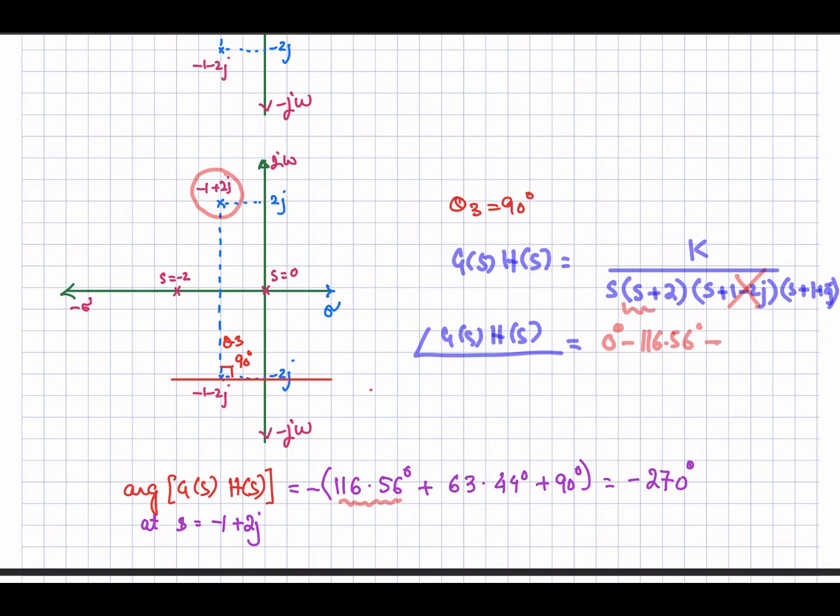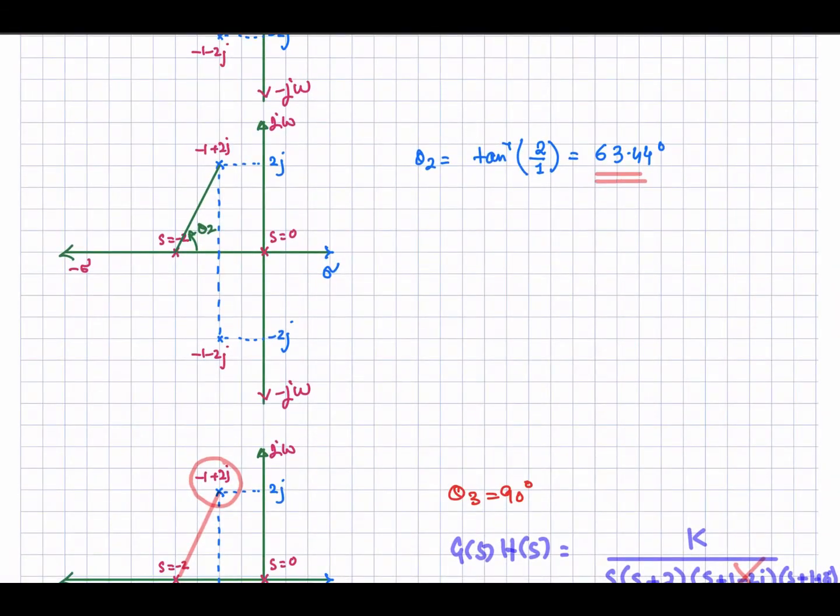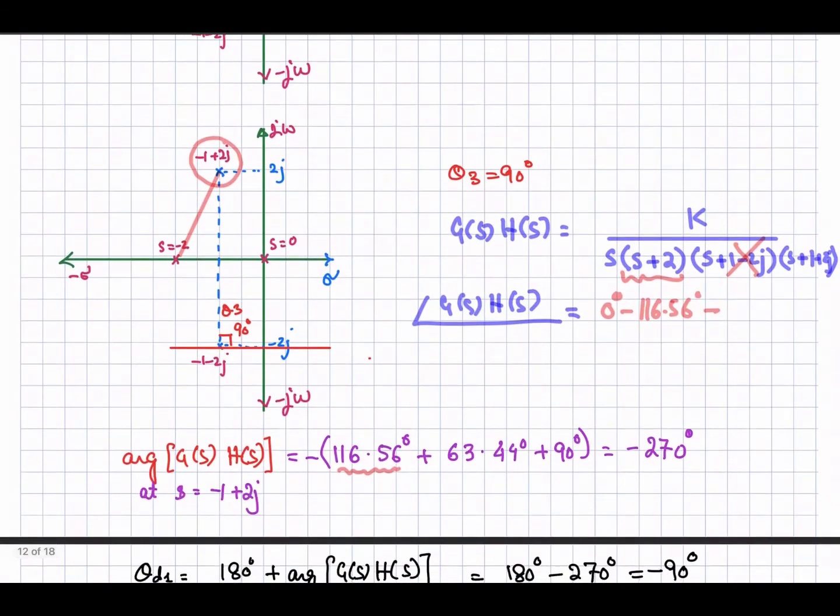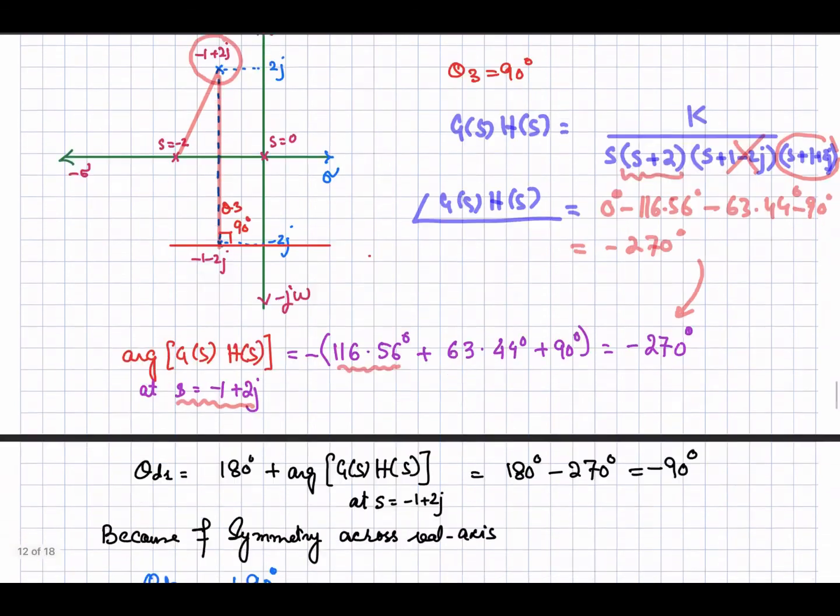Minus the angle of the pole s plus 2 with the selected pole, which we have calculated as 63.44, so when it goes into the denominator it will be minus 63.44 degrees, and then the angle of this pole, which is 90 degrees with this line, so minus 90 degrees. If we calculate that, this comes out to be minus 270 degrees. So this is the argument at the pole -1 plus 2j, excluding this pole. So now we can find out the angle of departure.